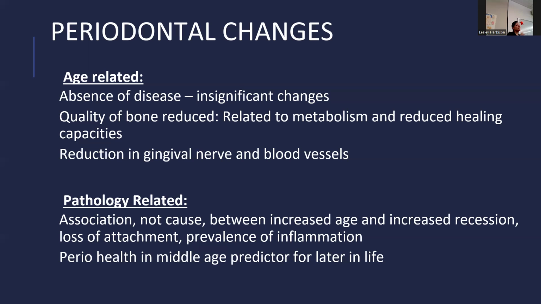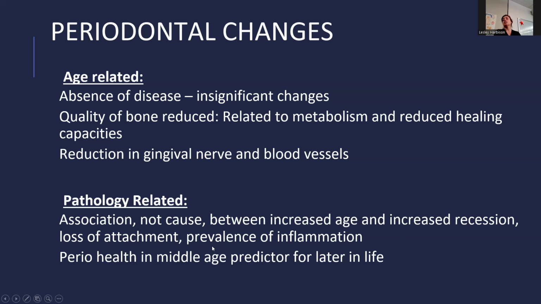So this, again, is usually triggered more from certain conditions or systemic diseases, but there is some general aging change that goes along with this, but it's not usually significant if all other things are healthy. Pathology related, if they're dealing with some kind of disease, there's an association, but not necessarily a direct cause, from these other conditions between increased age and increased recession.